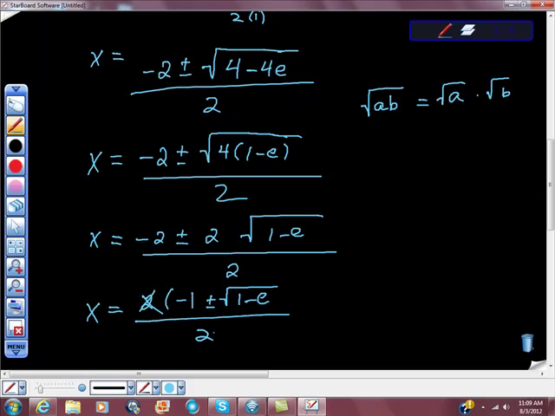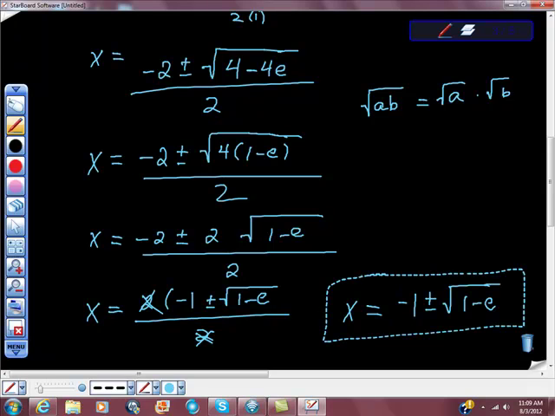You can see that these things cancel out, and we get x is equal to negative 1 plus or minus the square root of 1 minus e. If you wanted to, you could use a calculator there to get this answer. But if you're in college calculus, college pre-calculus, or college algebra, this is a very sufficient answer for your professor, I believe. So I hope this was helpful.